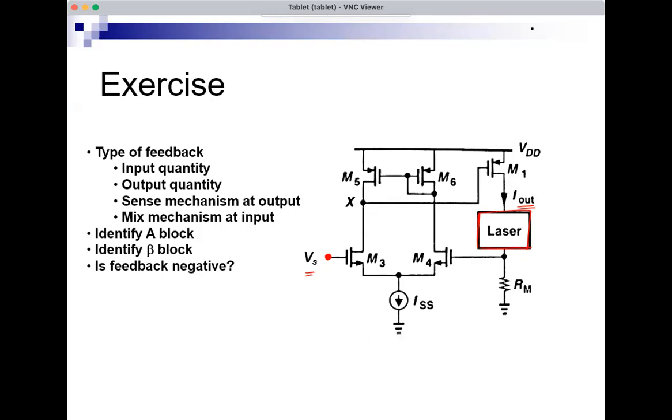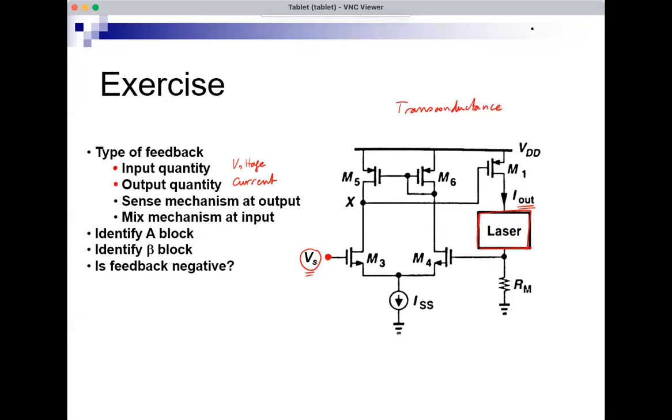So again, we'd like to identify the input quantity, the output quantity, and the sense mechanism at the output and the mix mechanism at the input. All right, so the input quantity is Vs, and therefore it's voltage. The output quantity is I out, and therefore it's current. All right, so this is a transconductance amplifier because the input is a voltage and the output is a current.